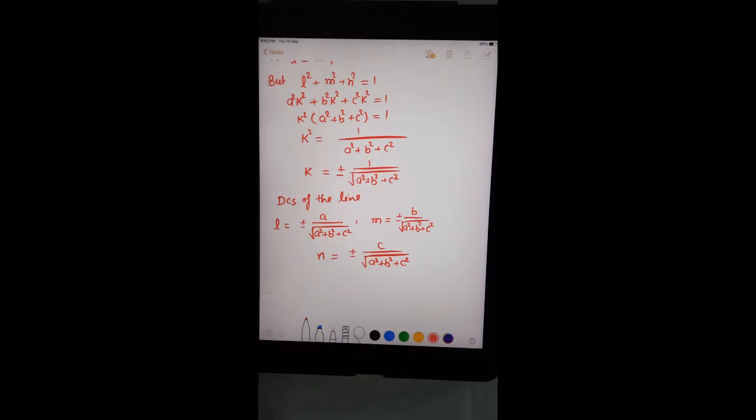So by using this formula, we can find the direction cosines if direction ratios of a line are given.